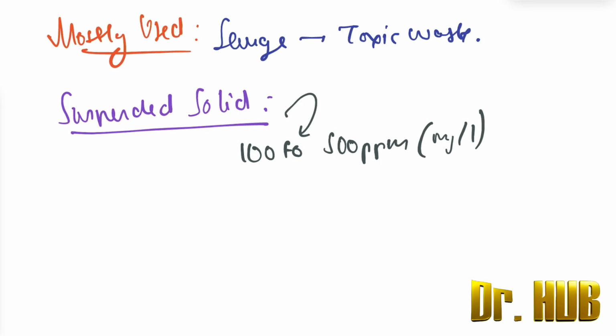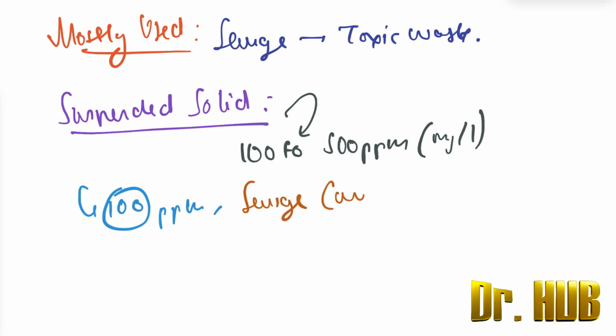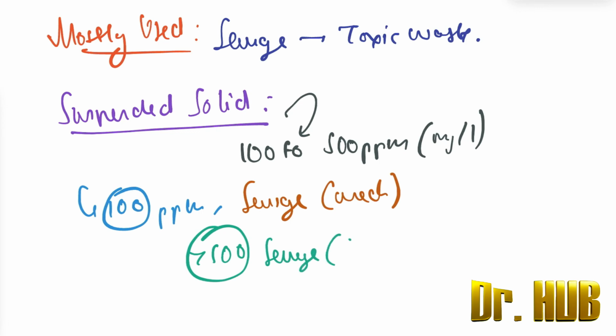If the level of suspended solids is about 100 ppm, then the sewage is weak. And if it is greater than 500, the sewage is strong.